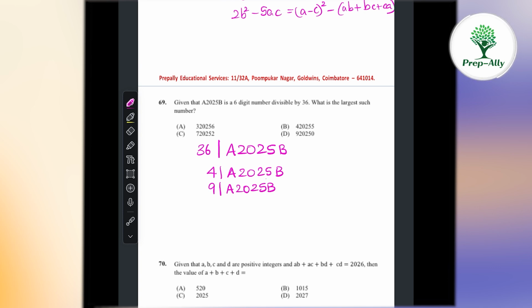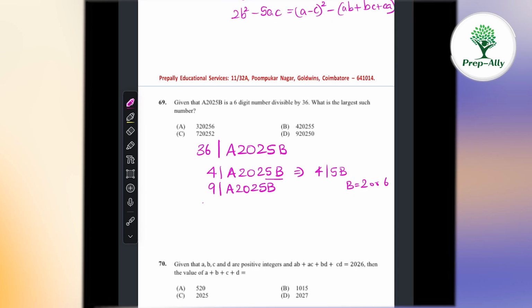So if 4 divides this number, the last two digits should also be divisible by 4. So 4 divides 5b. So b equals 2 or 6, right?